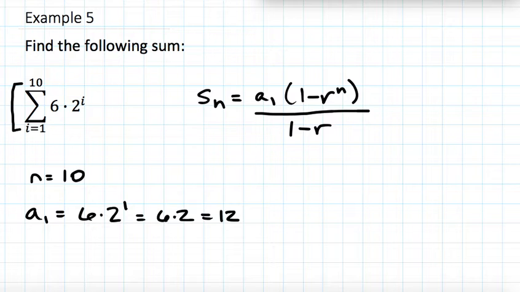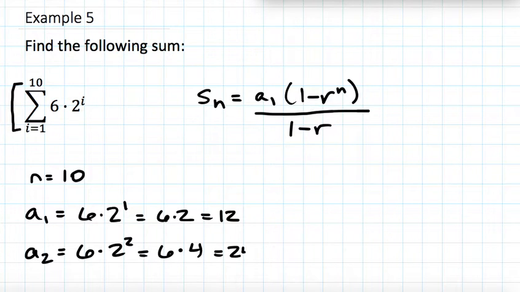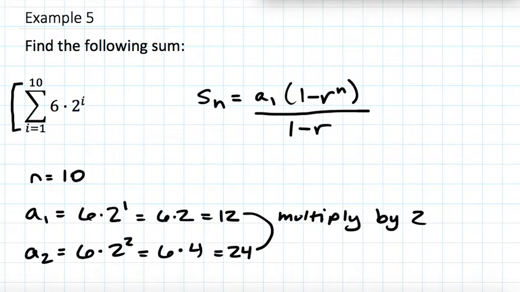And then to calculate r, what I'm going to do is find the second term and then compare them. So for the second term, I'm going to plug in 2 for the variable. That's going to give me 6 times 4, which is 24. So what do I multiply by each term to get the next? I multiply by 2. So that tells me that r is 2.